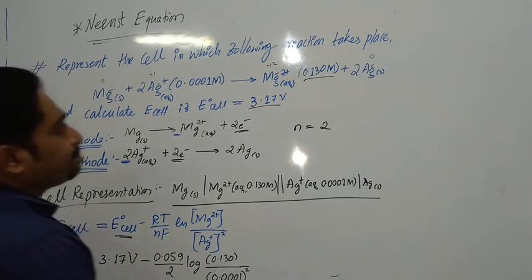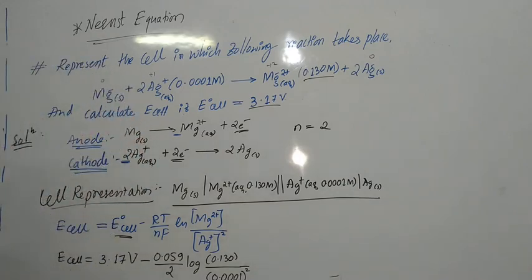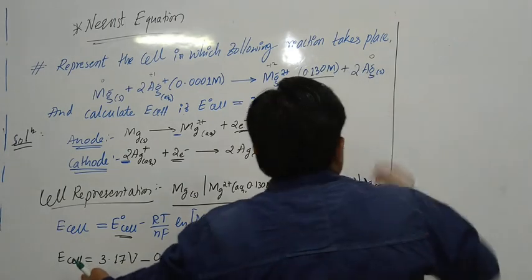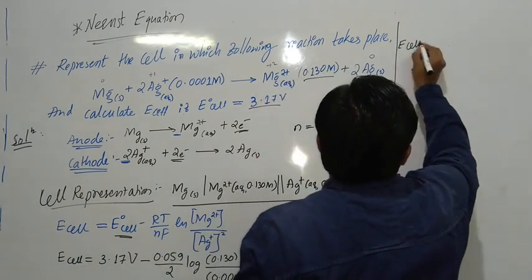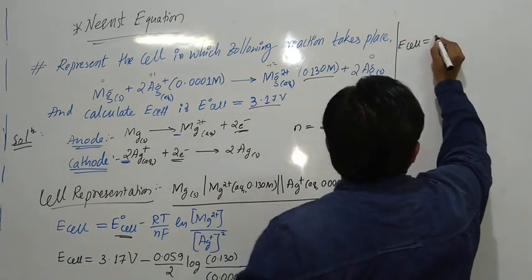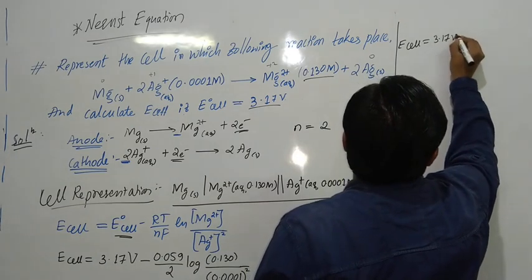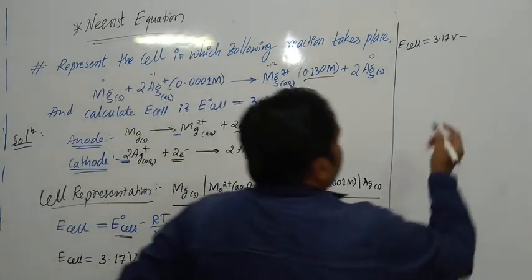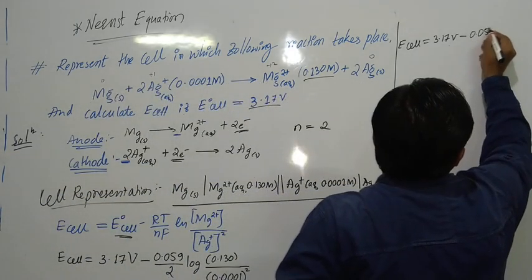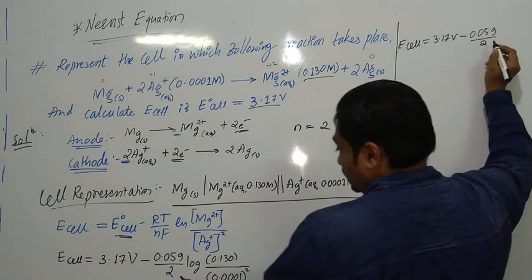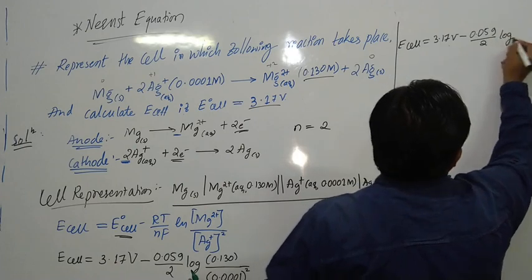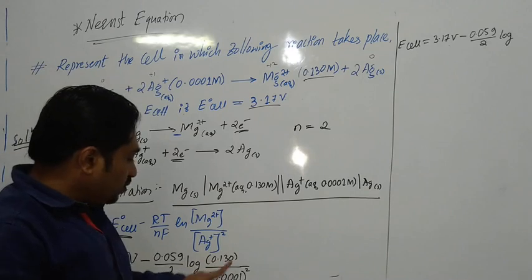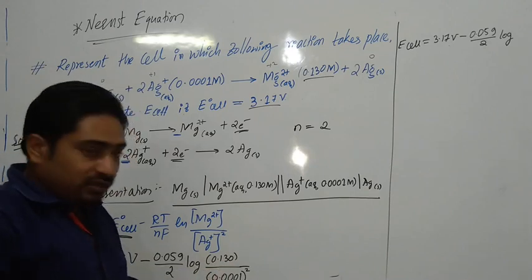So here E cell is equal to 3.17 volt minus 0.059 divided by 2 log of 0.130 divided by 0.0001 whole square.